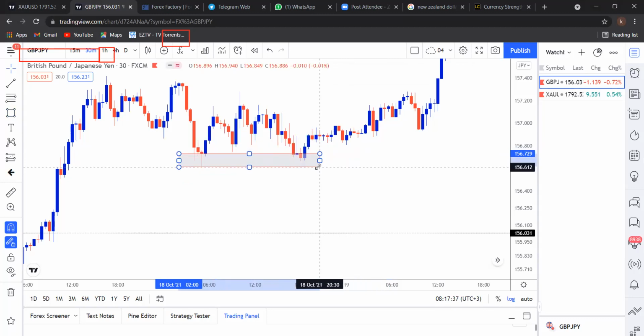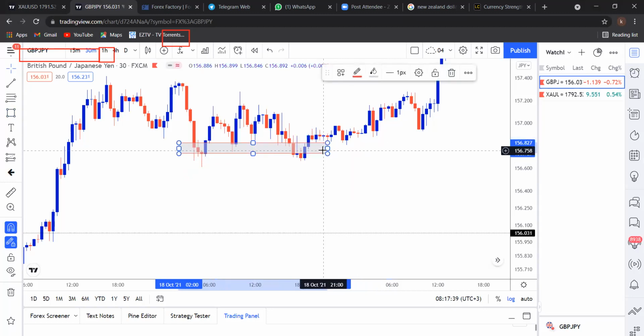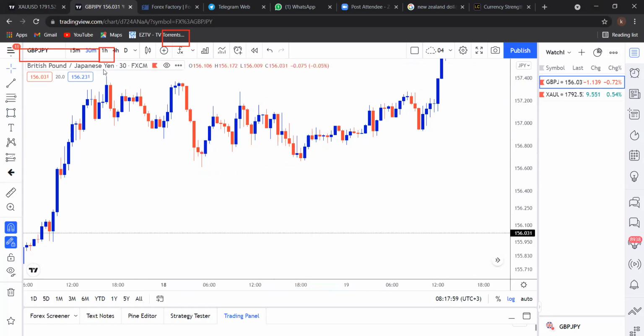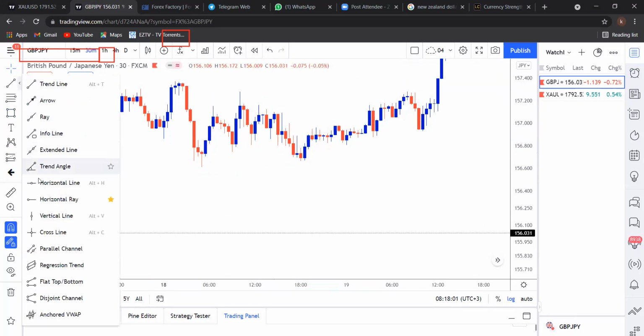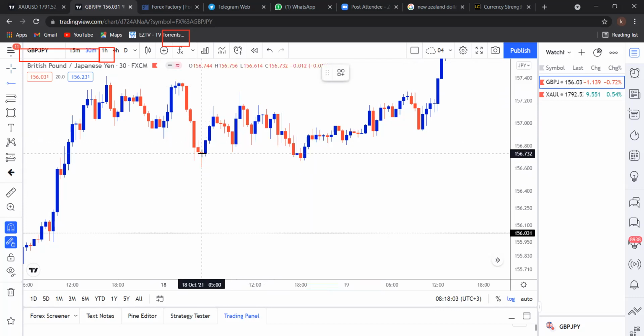Acha nichange mouse. Okay, so let me change mouse. So to the left, there was this support over here.